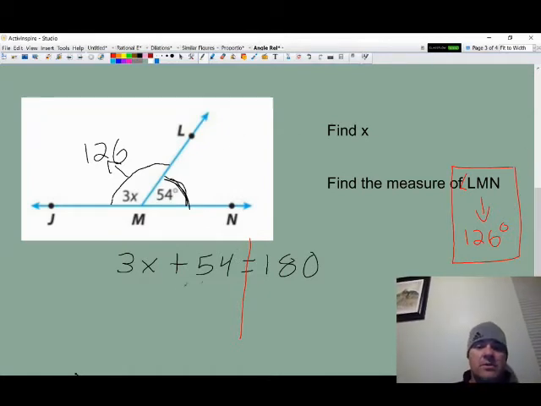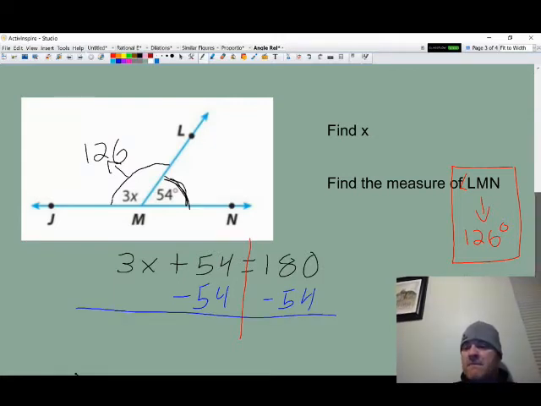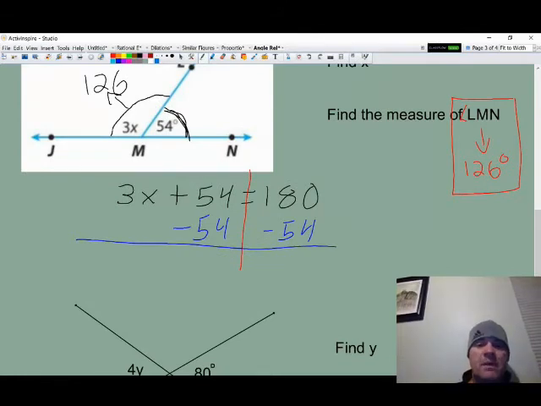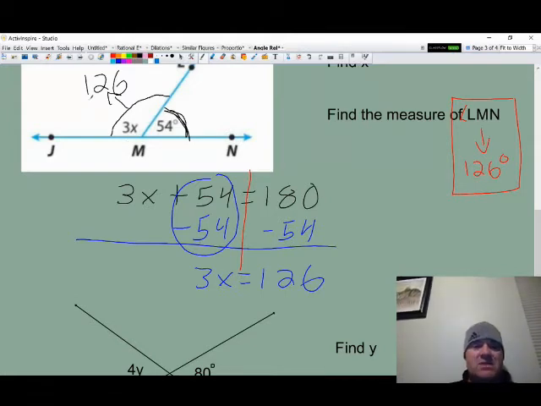We're going to do this by solving an equation because we're going to use mathy stuff, as my friend Brian Crawford would say. I'm going to subtract 54 from both sides. Guyver, make sure you show him that. I gave him some props in my video, and this is going to be 126.